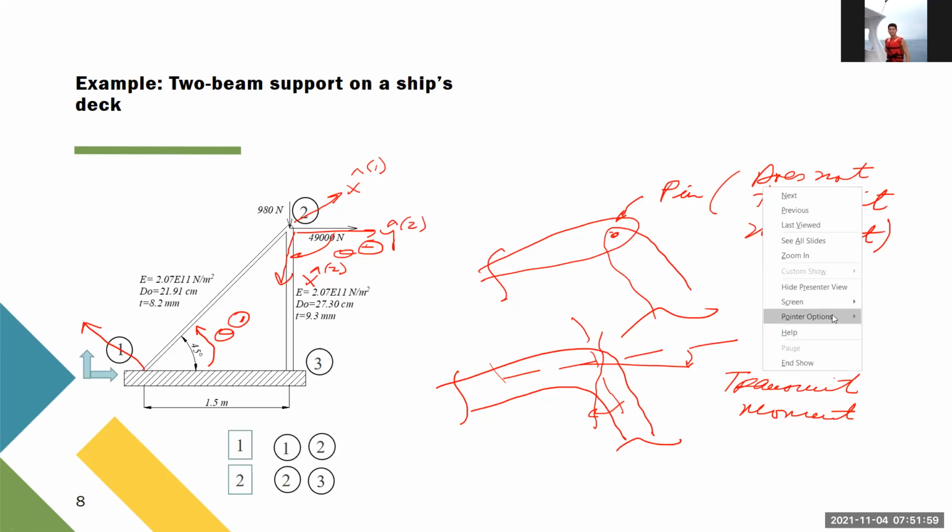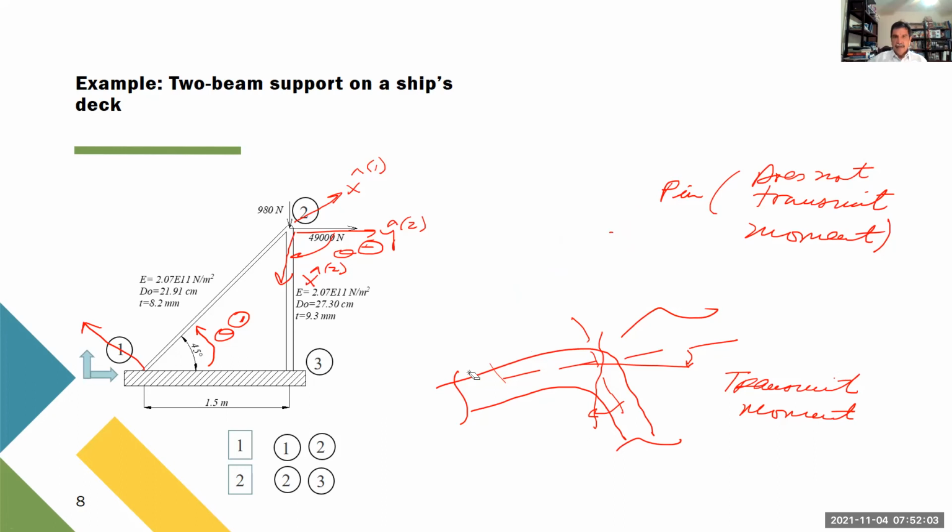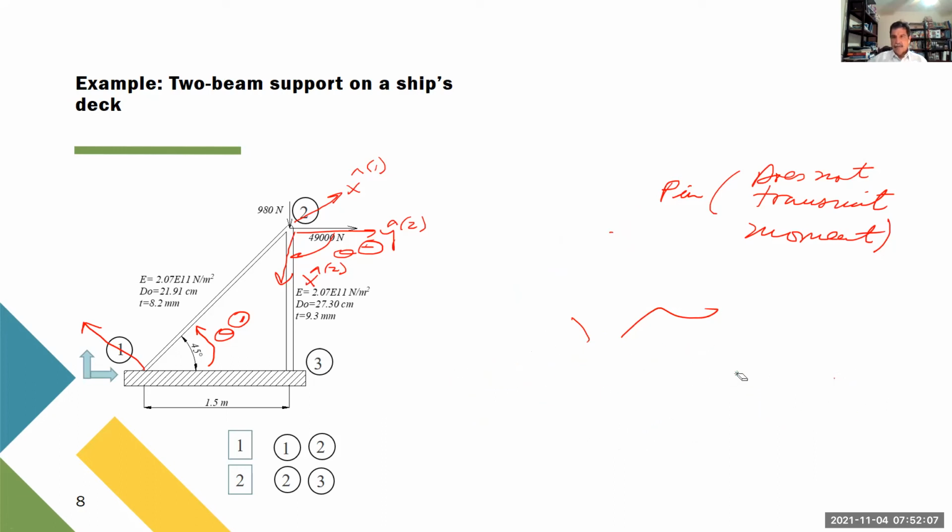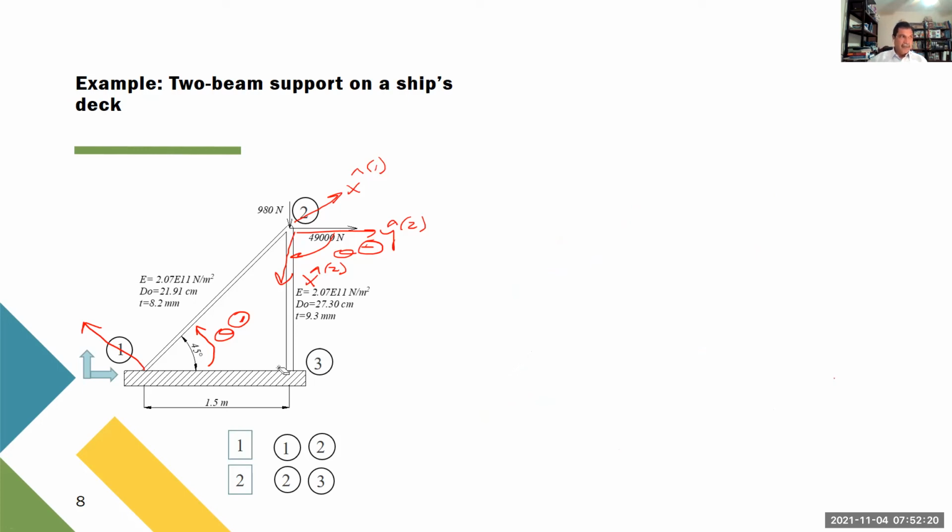Okay, now let's see this. This is something that has to be very clear. In this case, we have to consider both effects in plane, and also we have to consider bending, okay? So when you start seeing that this is clamped, very likely you have to consider bending, because this means that there is no rotation.